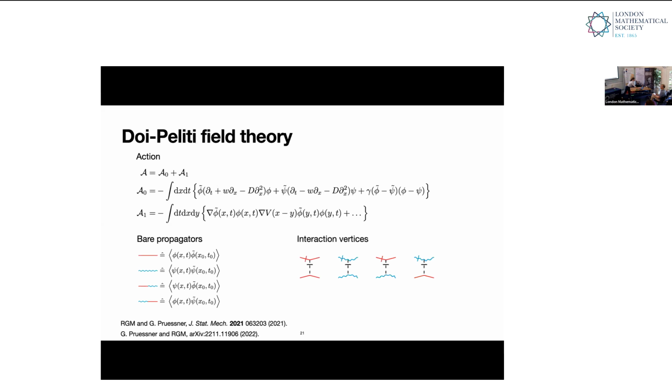Then there are the interaction vertices, which tell us what is the effect on the velocity of a particle due to the presence of another particle somewhere else. This is what these interaction couplings contain.